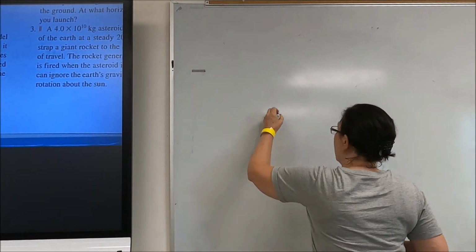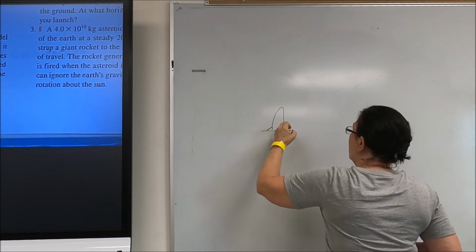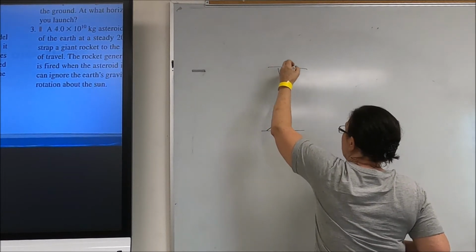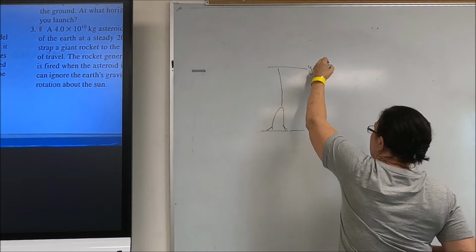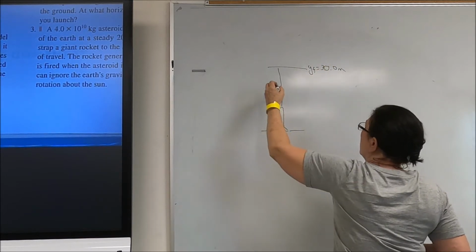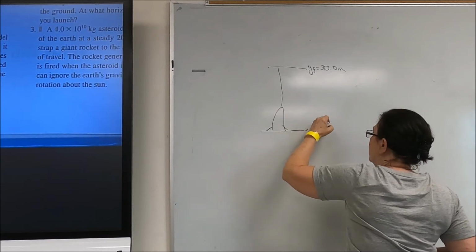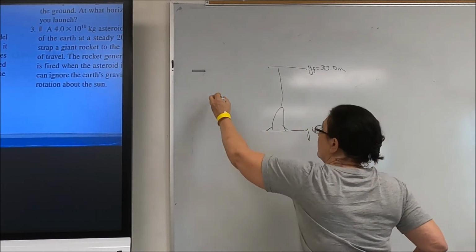So we have a rocket here, and it wants to go up so that y final is 30 meters, y initial is 0 meters.